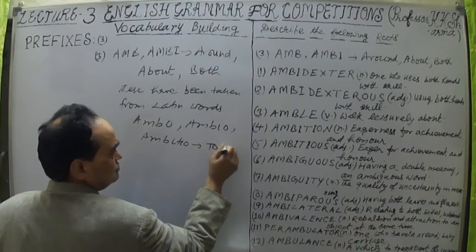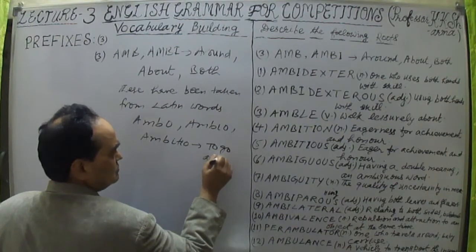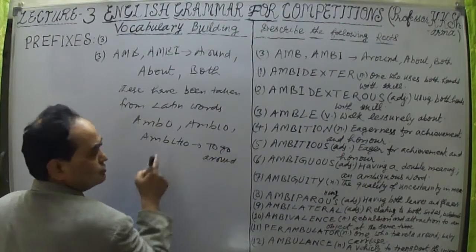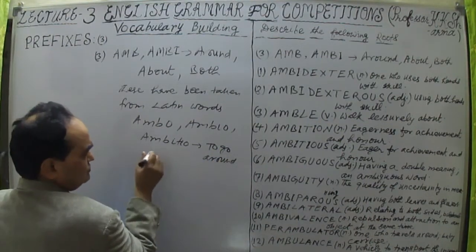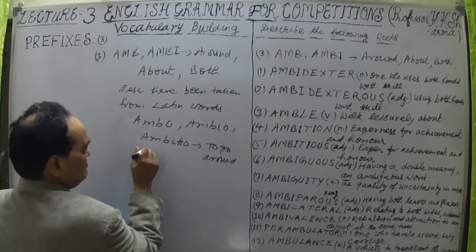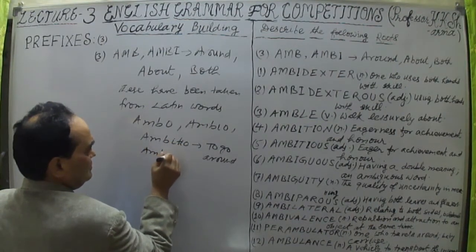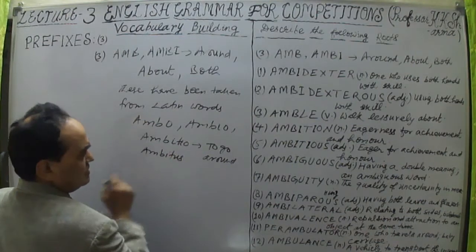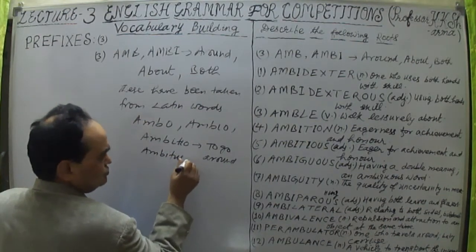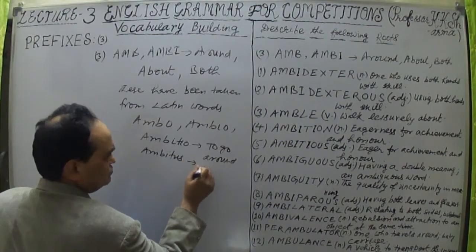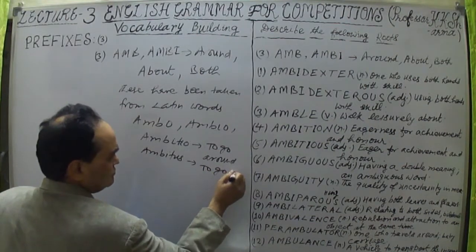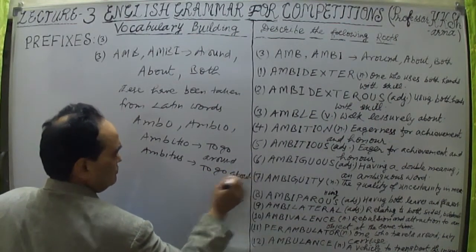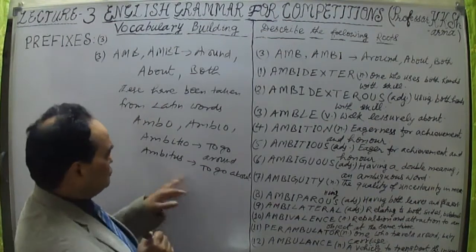This is to go around. Ambitus is also to go about. To go around, to go about.